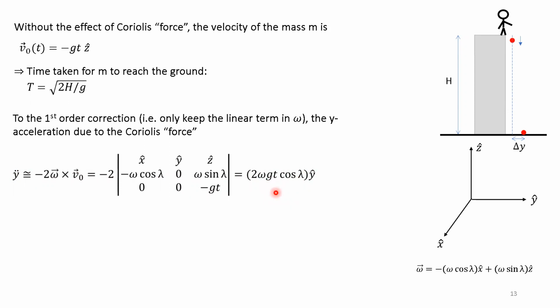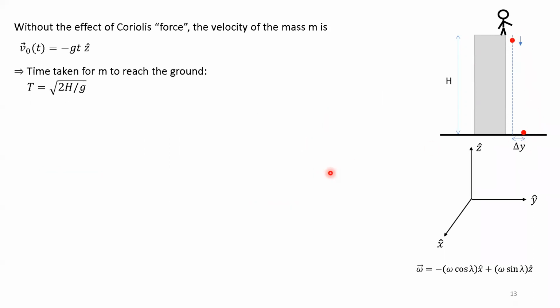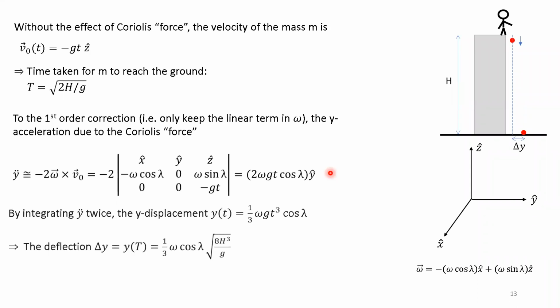And I want the value of y when the ball reaches the ground. That is, I want the value of y at t equals capital T. So from here, y double dot equals this one.